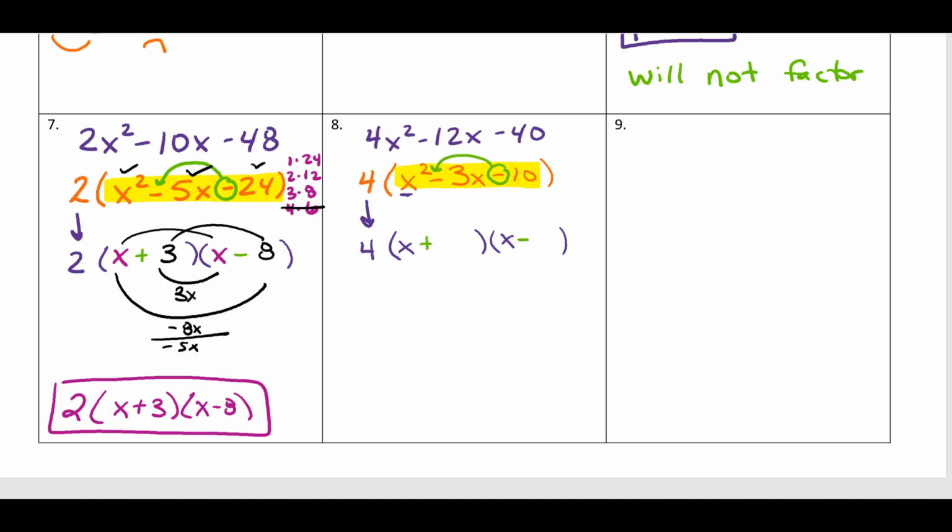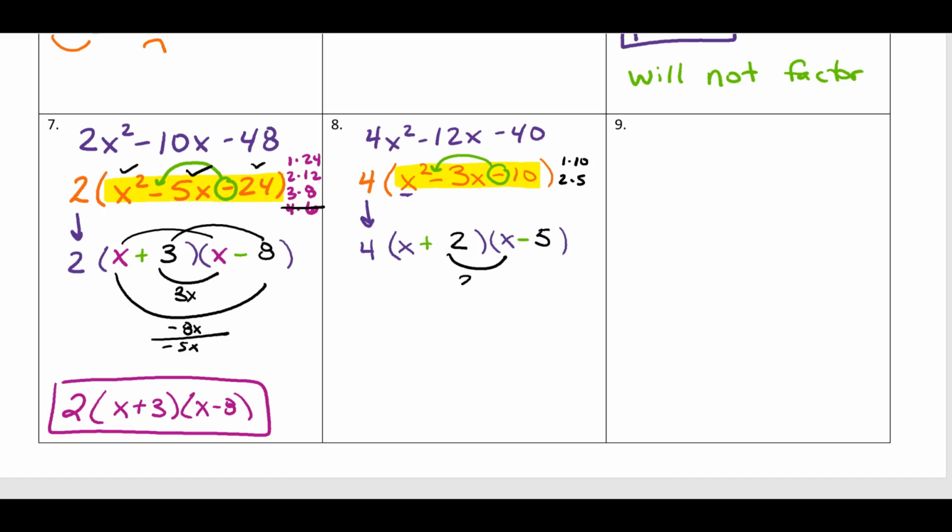And then I need factors of 10. So I have 1 times 10 and 2 times 5. Hopefully you're starting to think ahead on these. 1 and 10 aren't going to add up to 3. 2 and 5 can. And because it's negative 3, my 5 really needs to be negative, and my 2 needs to be positive.